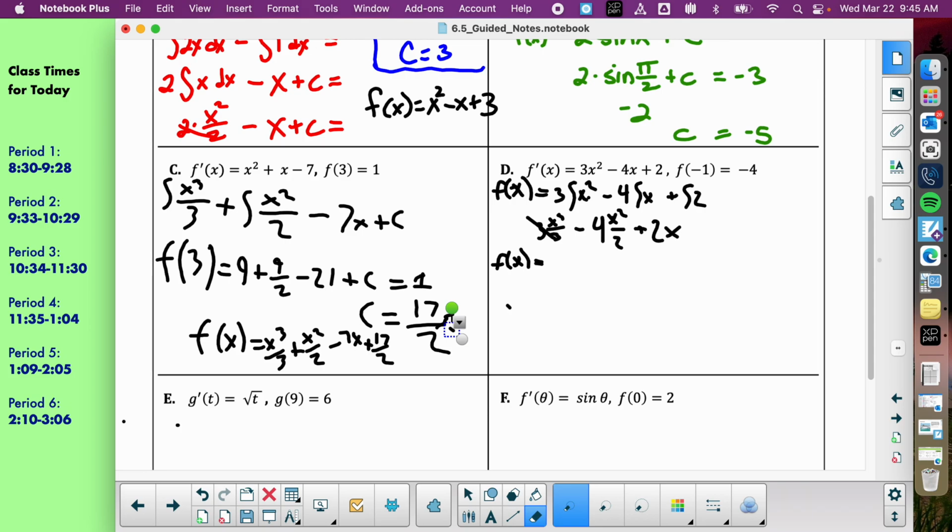Square root, so 9 square root, so that's 3. Oh, I see the point. So you got C equals negative 21 over 3, that's why. So 9. And negative 3.